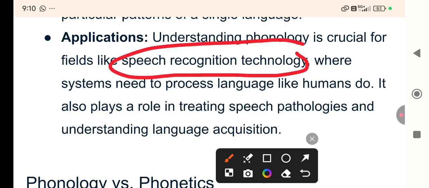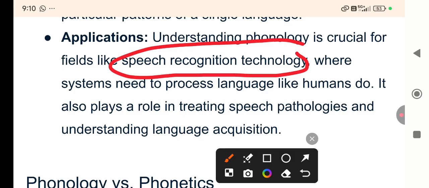We have to understand how systems need to process language like humans do. Means when we write something and when our system writes after listening.